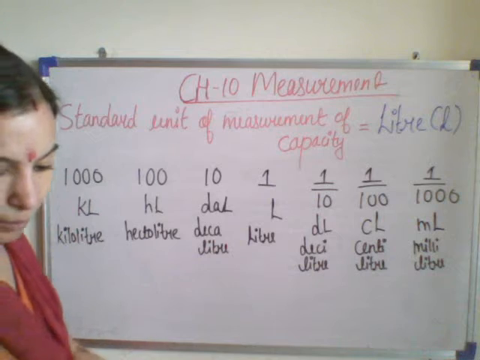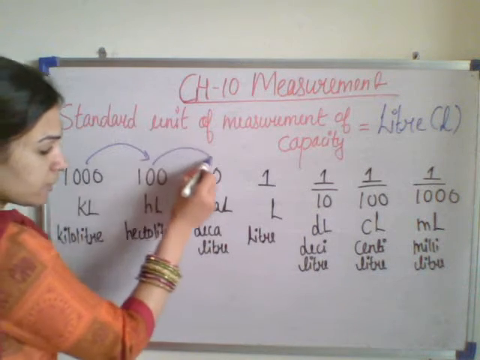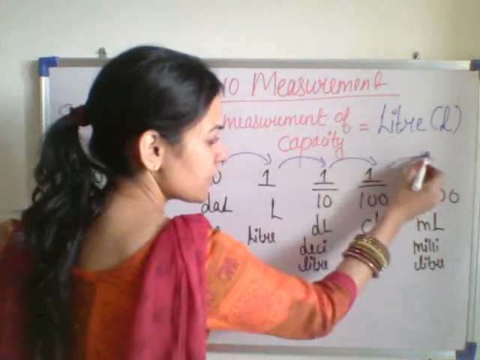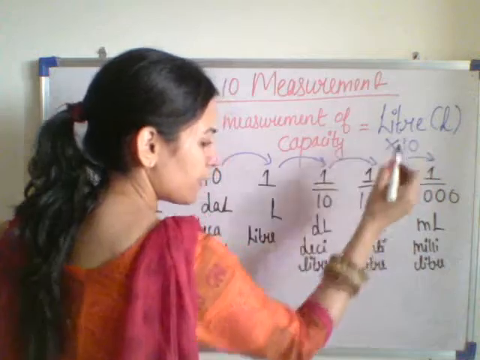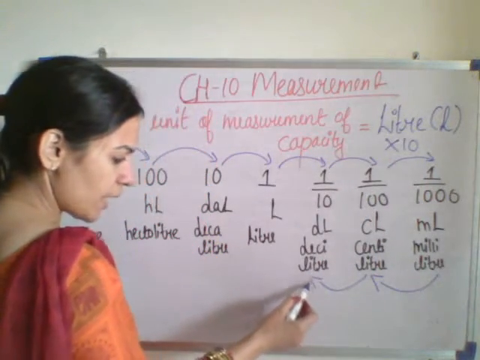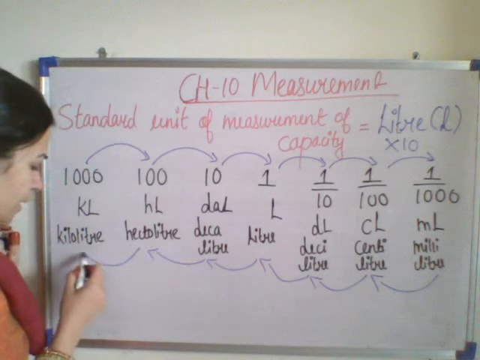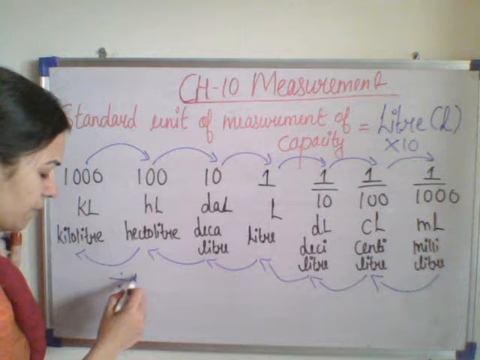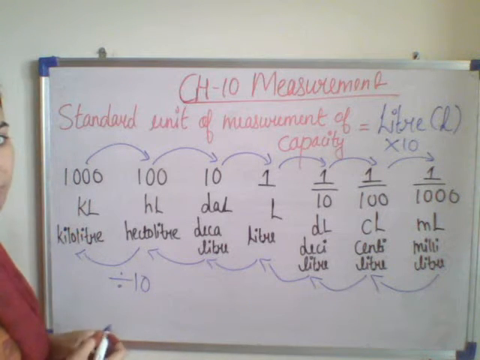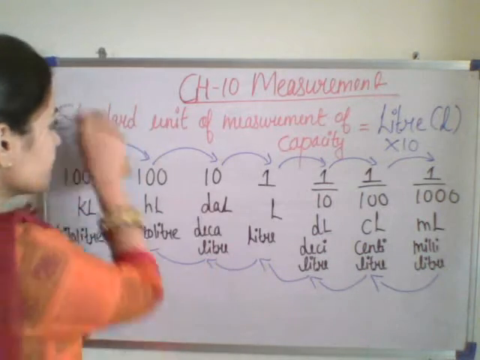Whenever we move from left towards the right, we have to multiply in each step with 10, and whenever we move from right to left, in each step we have to divide by 10. So let us do few problems.